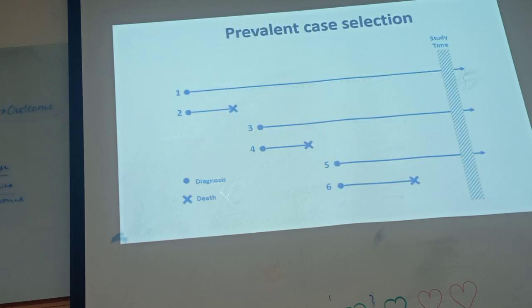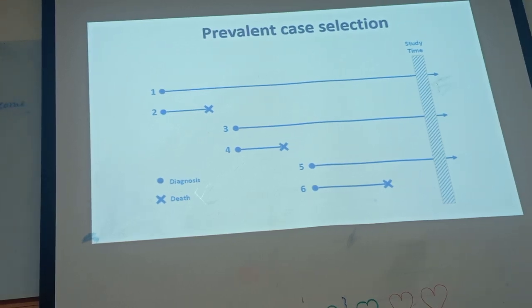When we go to the hospital or go to the registry to select our cases, we are here. Let's go 10 years back in time to see which scenarios may actually happen to our cases.